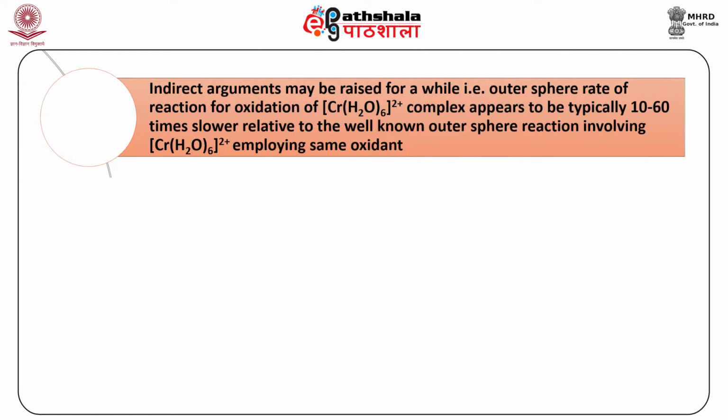So for such a reaction indirect arguments may arise, because the outer sphere rate of reaction for oxidation of the hexa aqua chromium 2+ complex appears to be typically 10 to 60 times lower relative to the well known outer sphere reaction involving Cr(H2O)6 2+, implying the same oxidant.